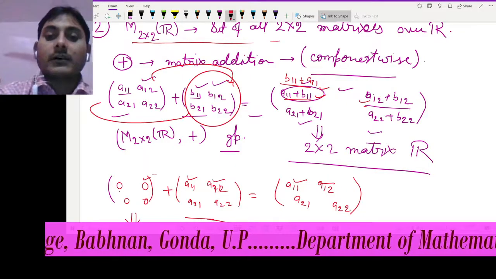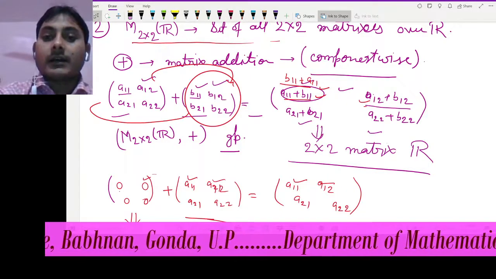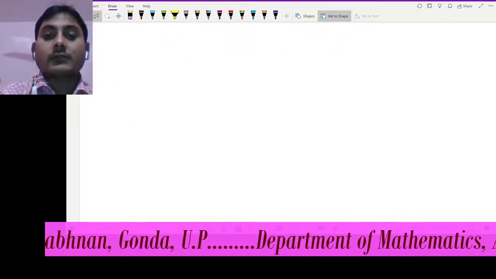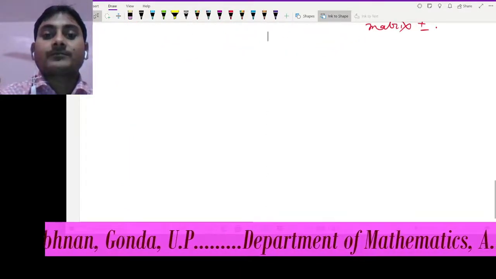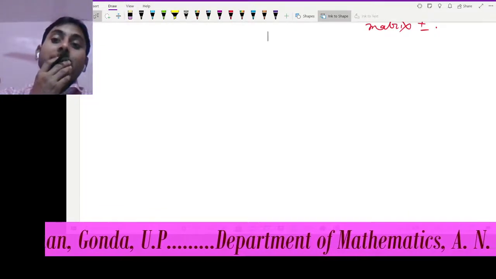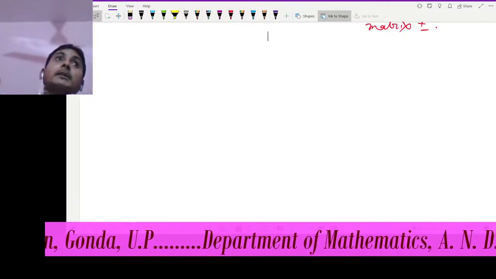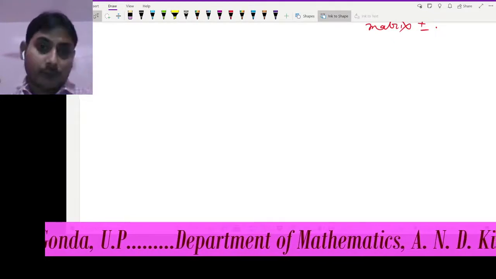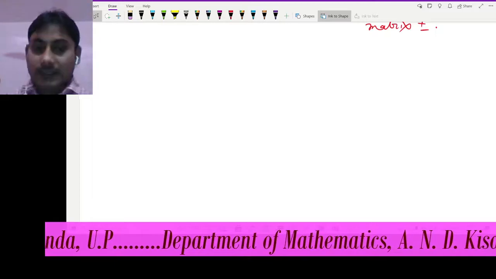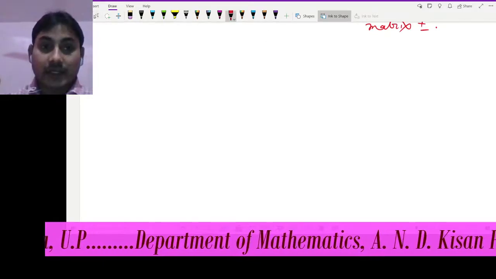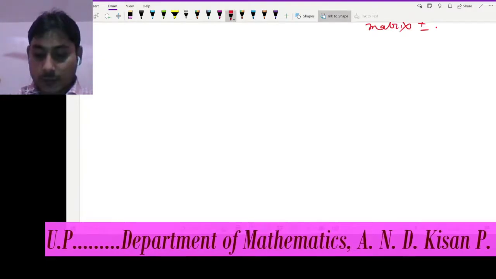Now I'm coming to our main important result. Not only a result, it is a particular example which has significant importance. Addition modulo. Now I'm going to define addition modulo. What is addition modulo?